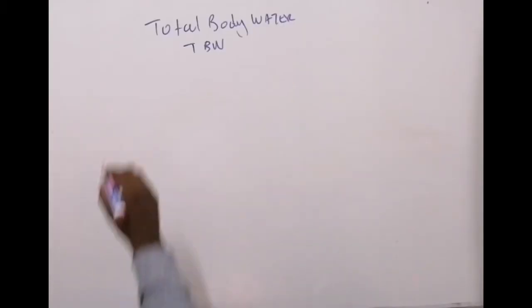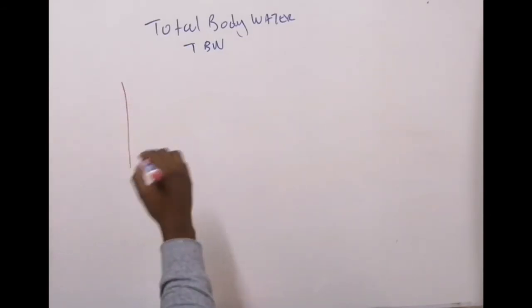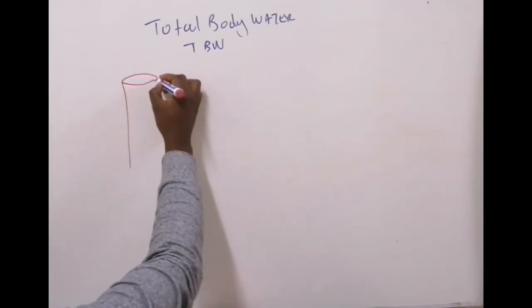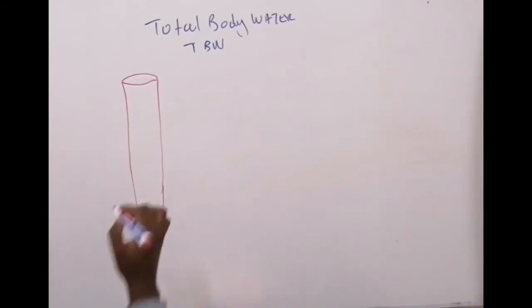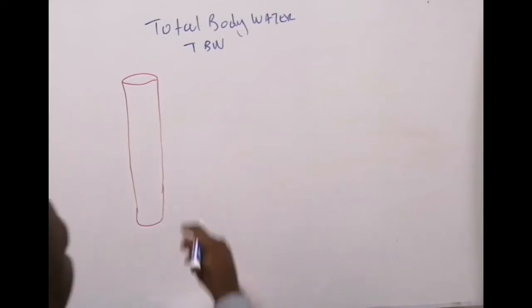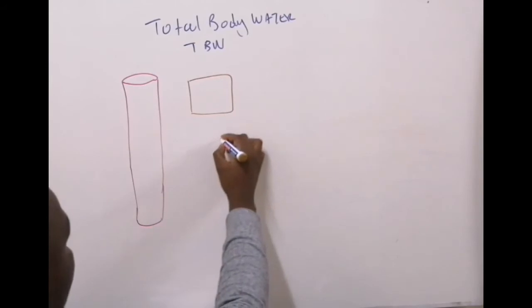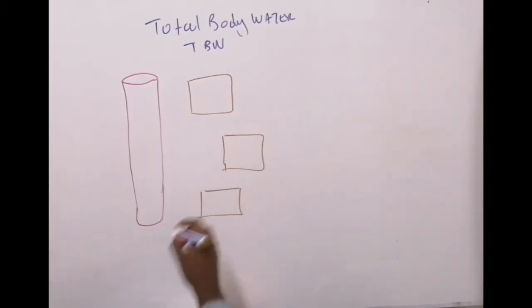So now we know that, as we said, fluid compartments: we have our intravascular, and our intravascular fluid is called plasma, and we also have our interstitial, and we also have our intracellular.